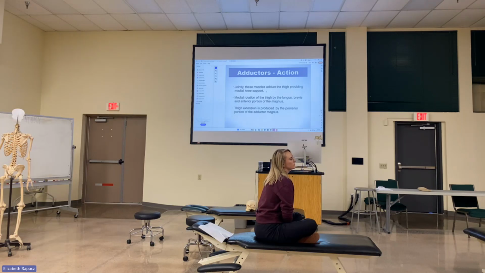Basically, every time we take a step, these adductors actually have to contract a certain amount to keep us in line. And then as we switch into the opposite leg swing, the abductors have to contract and these muscles have to inhibit.